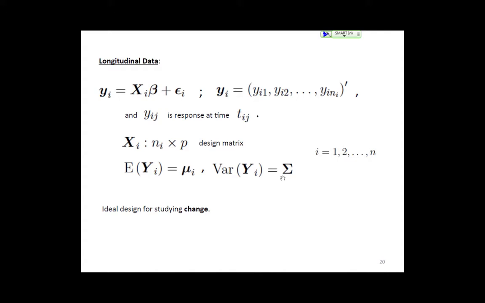I want to say mean orthodontal distance equals beta 0 plus beta 1 gender plus beta 2 age plus beta 3 interaction. And let's do inference on age. And let's do inference on gender, maybe. So I want to estimate the coefficients of the model, and I want to get standard errors for those estimates. It's just a regression model. But we have to be careful now because there is this correlation.